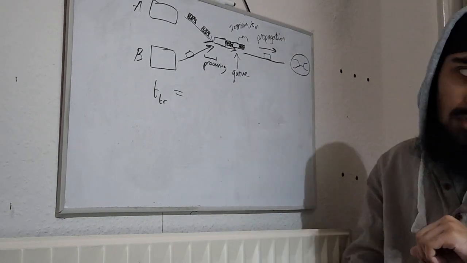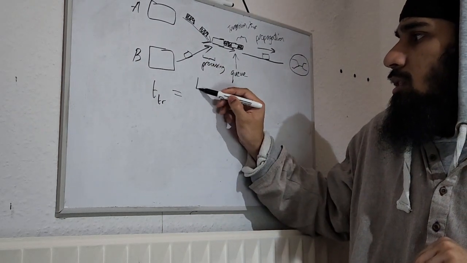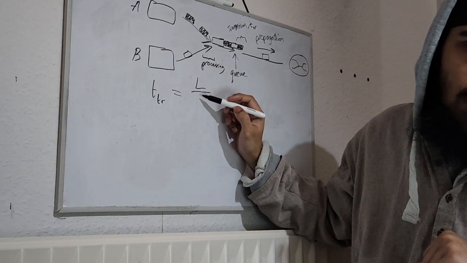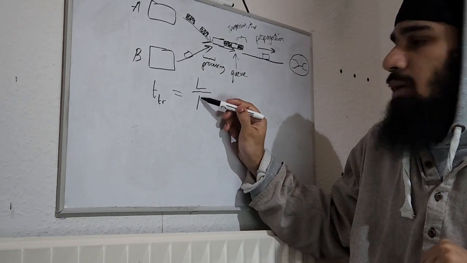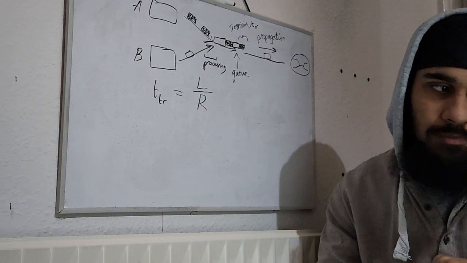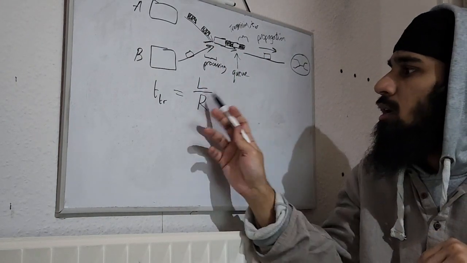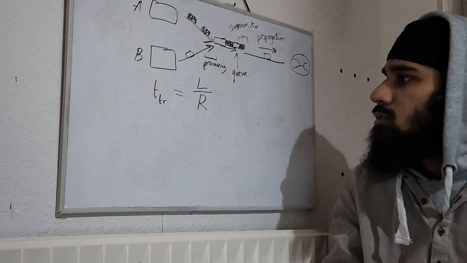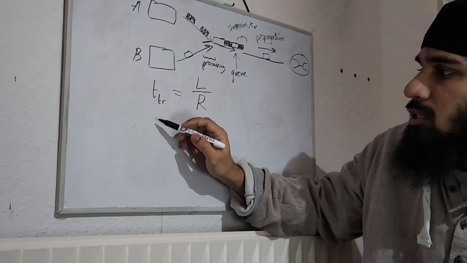It's the packet length L divided by the bandwidth of the Ethernet, which we call R. So it's the packet length, how many bits it is, divided by the bandwidth. So it's L divided by R. These are important formulas.